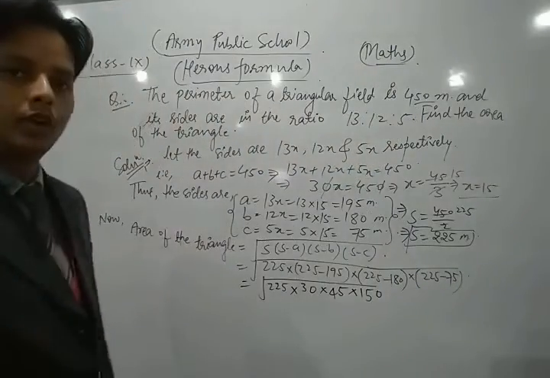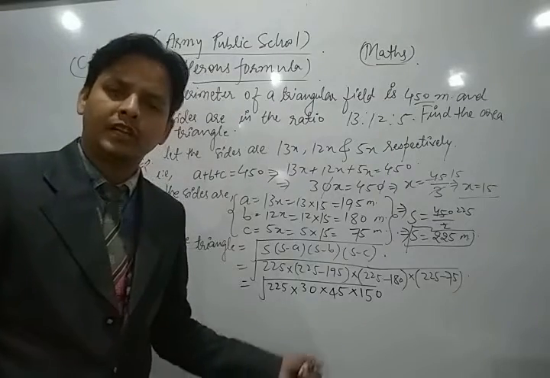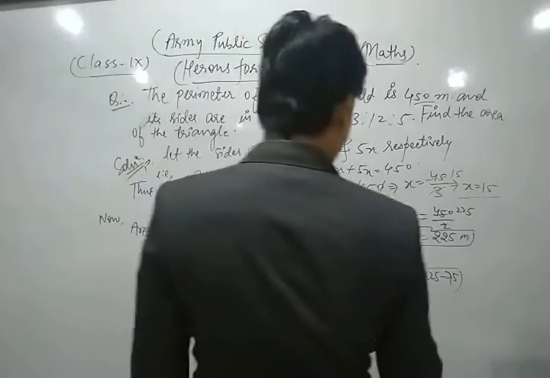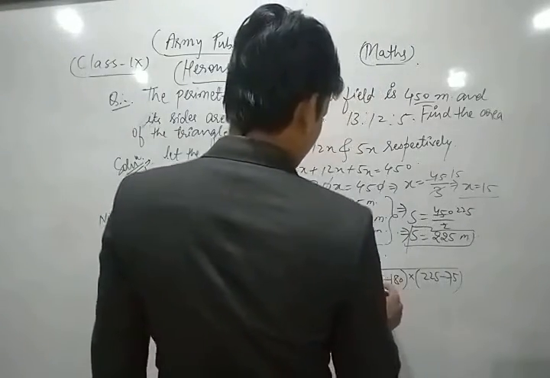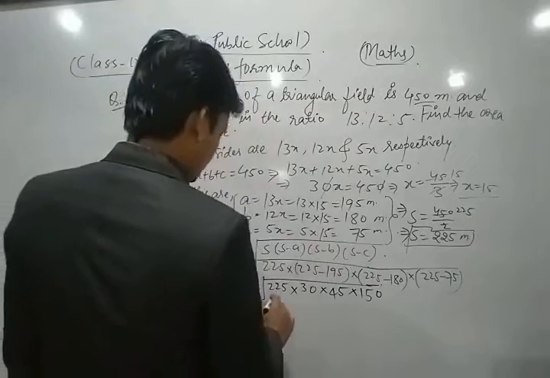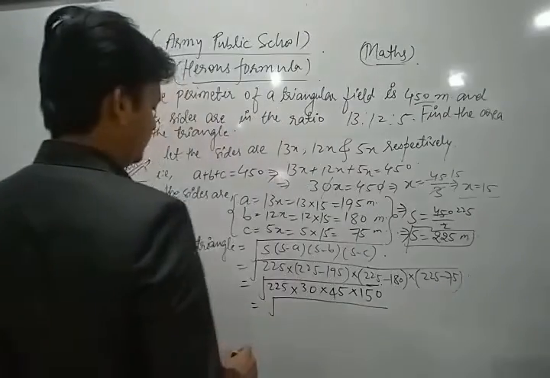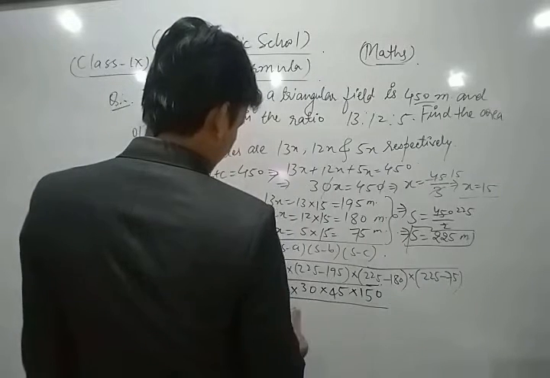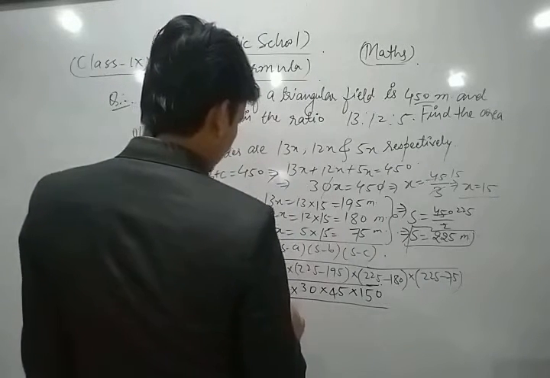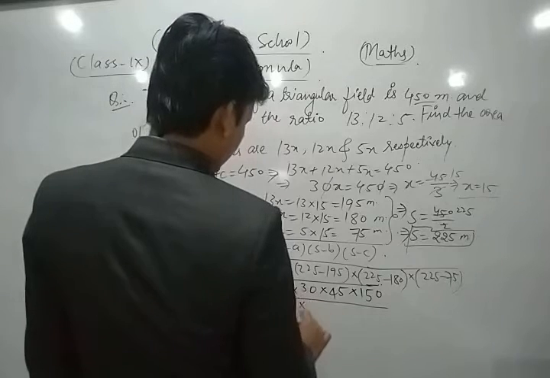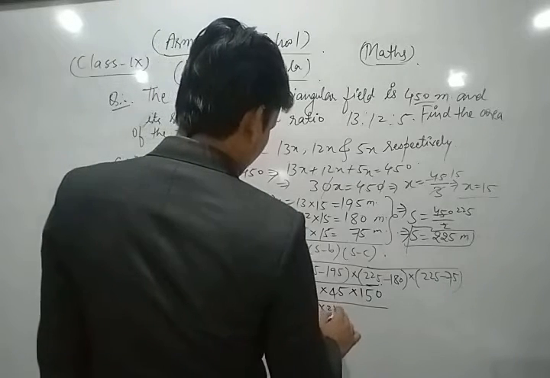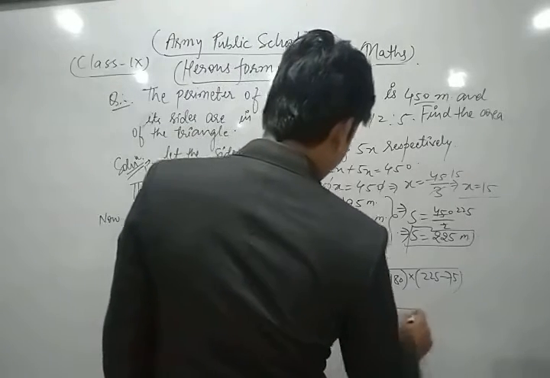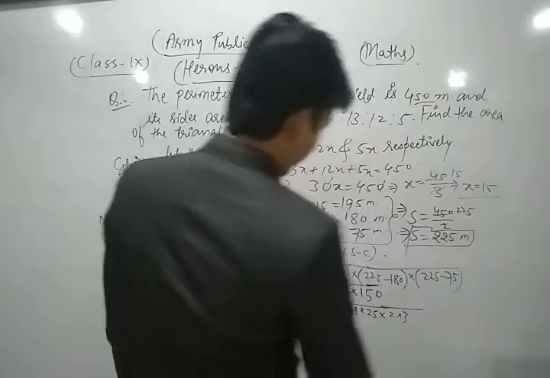Now we simplify them with the help of the prime factorization method. The square root of 225 is 15, so we write 225 as it is, into 15 into 2, into 15 into 3, into 25 into 2 into 3.